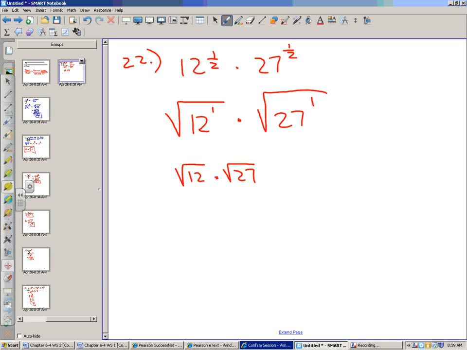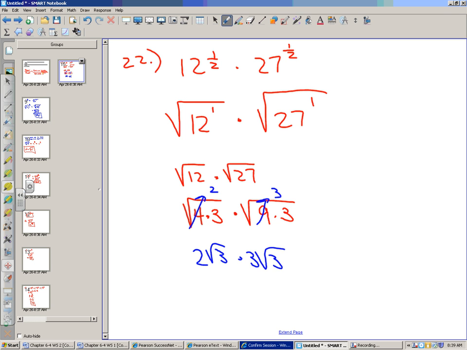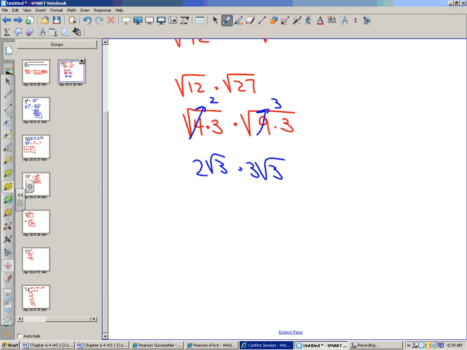The square root of 12 is going to be what? 4 times 3. The square root of 27 is going to be 9 times 3. Square root of 4 is 2. Square root of 9 is 3. So now, multiply the outside numbers. What's that give you? 6. Multiply the inside, gives you 9. Square root of 9 is 3 to give you 18.